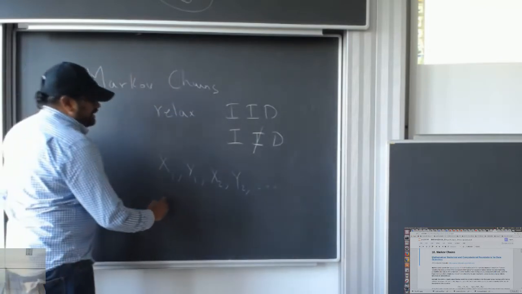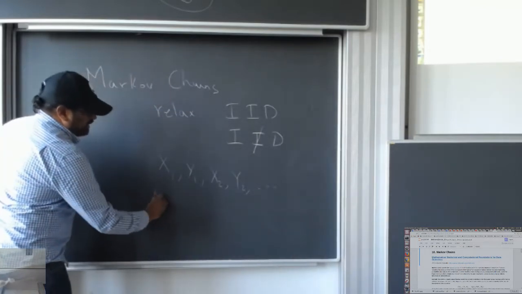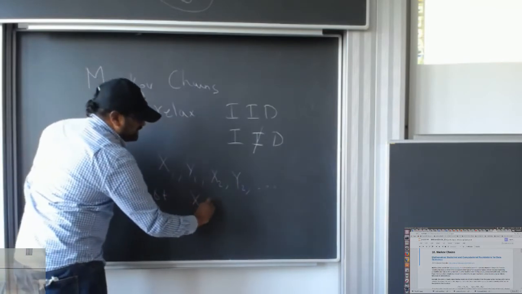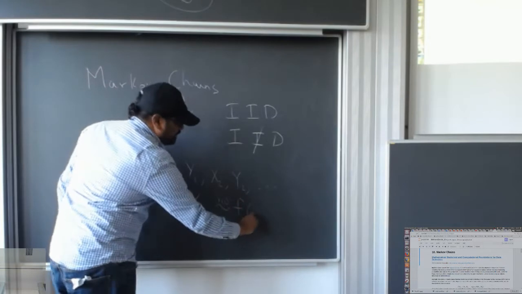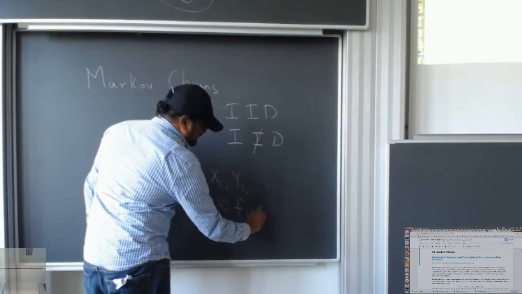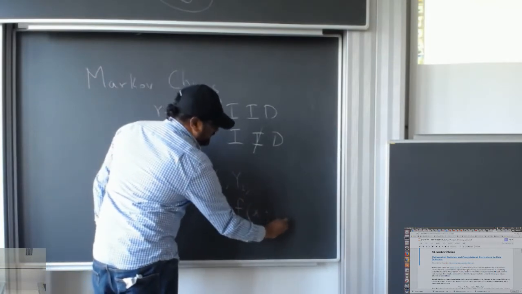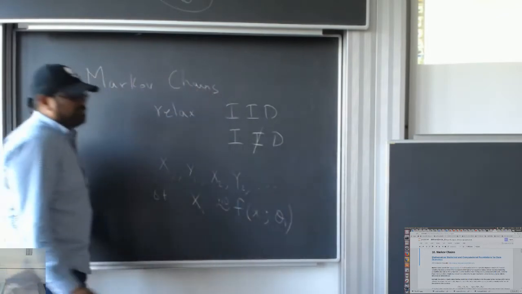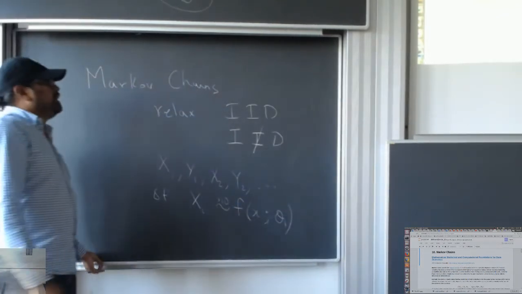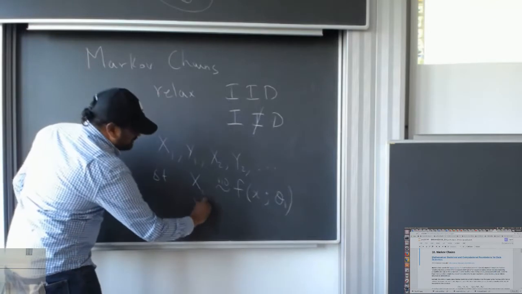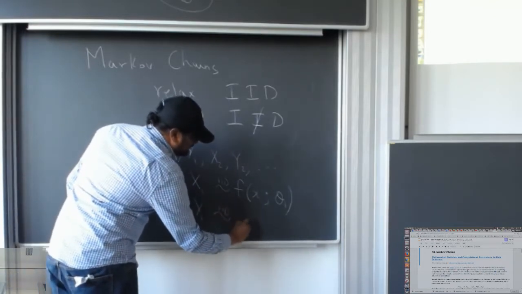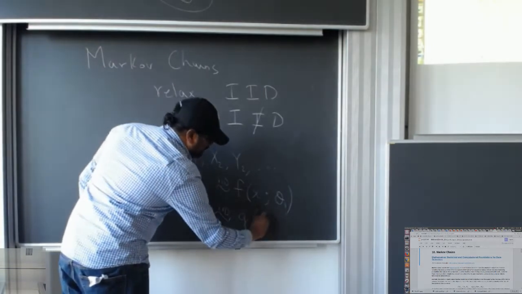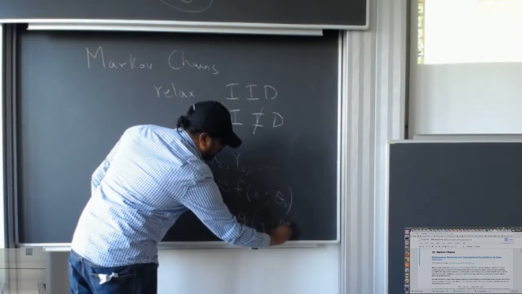And it's such that the xi's are IID according to some density f of x, semicolon, say theta 1, some parameter or vector of parameters, and all the yi's are IID according to some other density, say g of y, semicolon, theta 2.